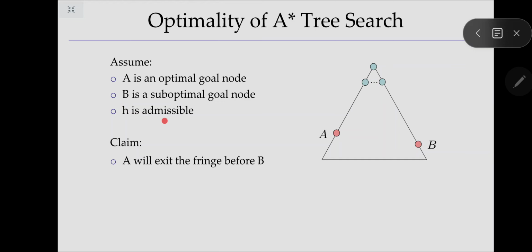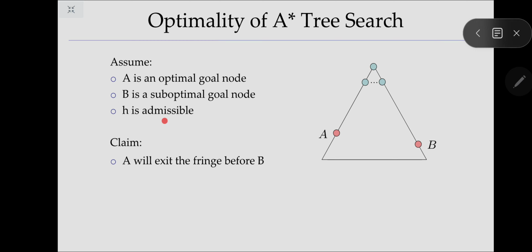It is a necessary condition. Without an admissible heuristic, we cannot derive the necessary guarantee result.